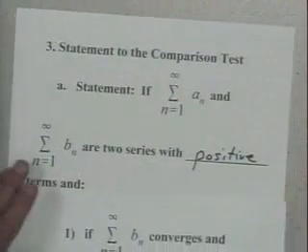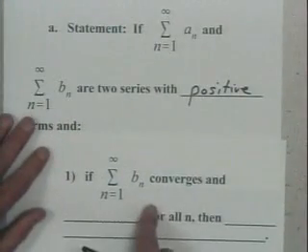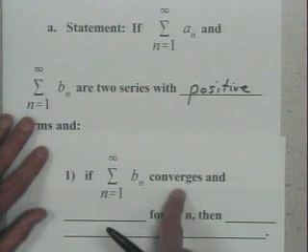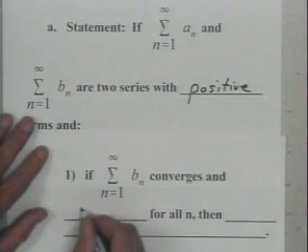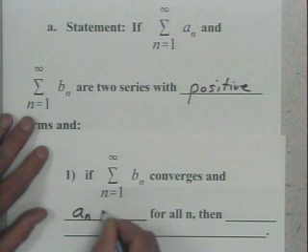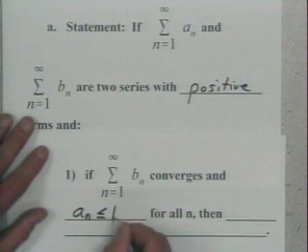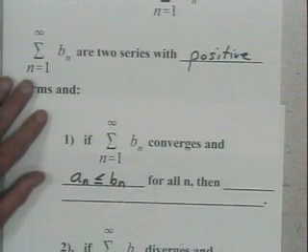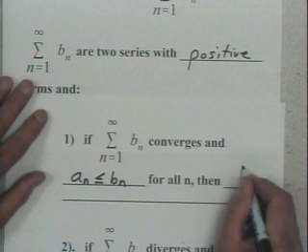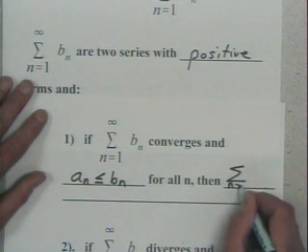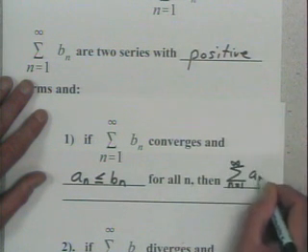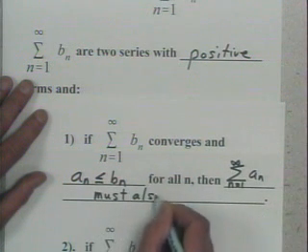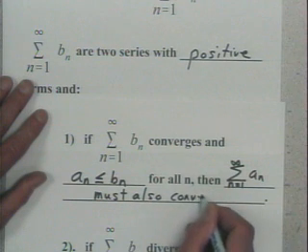Then, if the second series is known to converge, and the terms of my a sub n series stay less than or equal to the terms of the b sub n series, then what can I say? The series n running from 1 to infinity of a sub n must also converge.